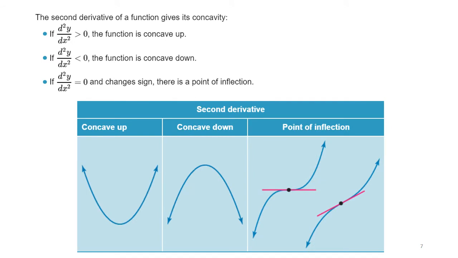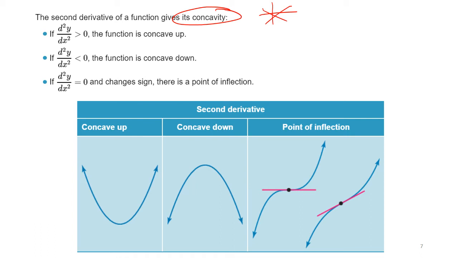Now let's look at what the second derivative tells us. The second derivative gives us concavity. I know I'm repeating myself a few times, but if I'm repeating myself, it is a very important concept. The second derivative of a function gives us the concavity of the curve.